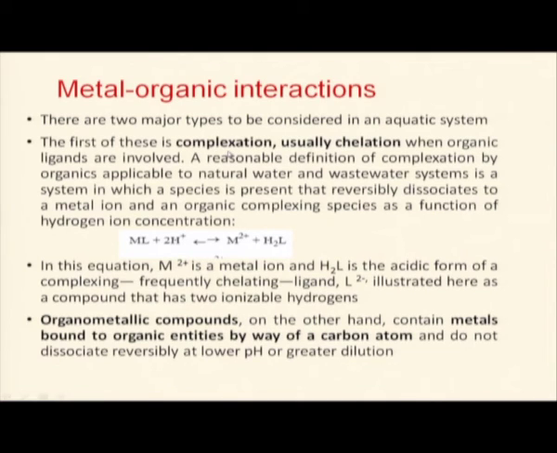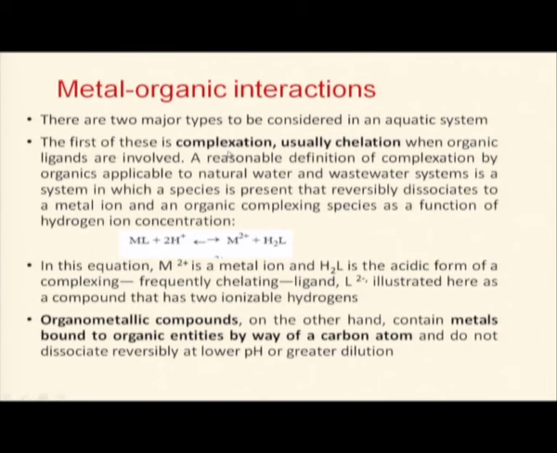When organic ligands are involved, a reasonable definition of a complex, applicable to natural water and wastewater systems, is a system in which species are present that reversibly dissociate to form a metal ion and an organic complexing species as a function of hydrogen ion concentration. As per this equation, the metal ligand with the acid will dissociate and form M2+, and the ligand will take up the proton.